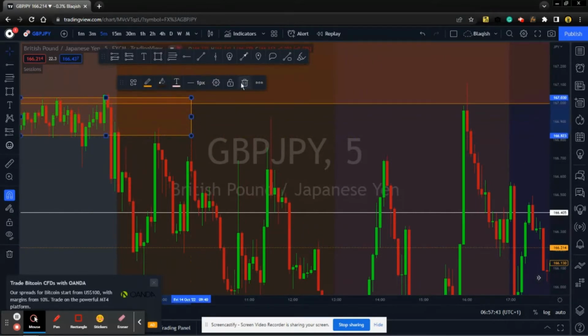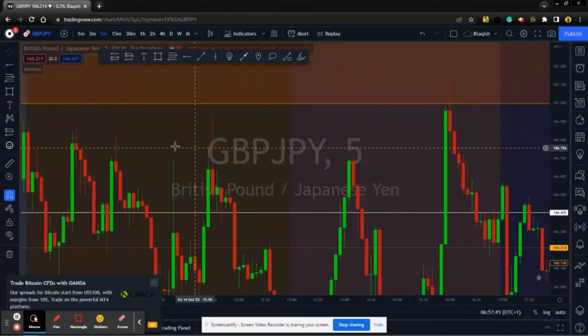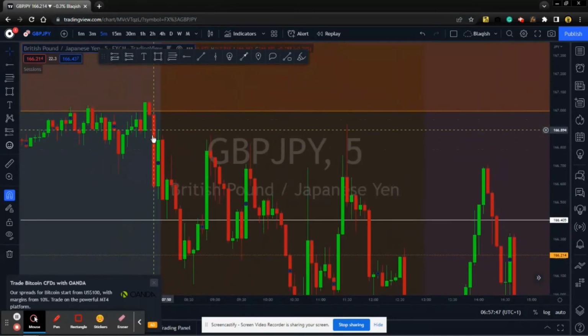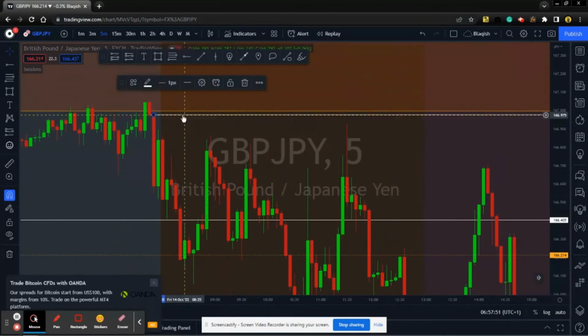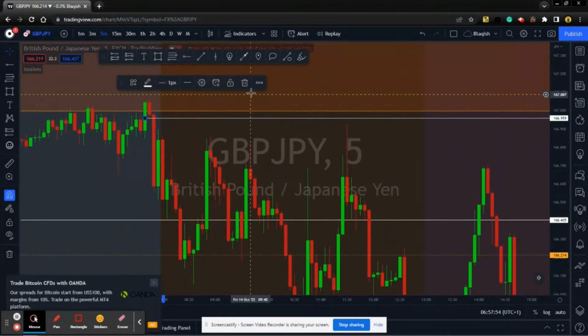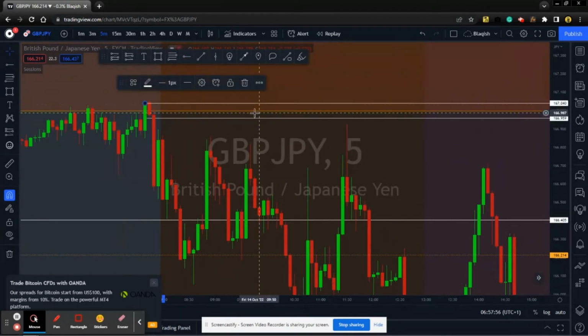Now this impulsive drop left us with an imbalance, and now you want the market to come and at least fill 50% of this imbalance.